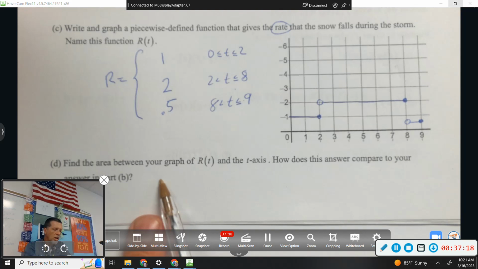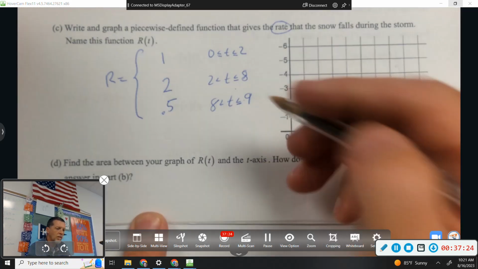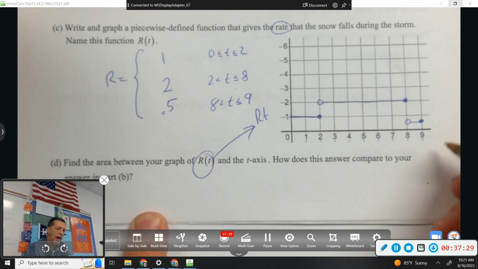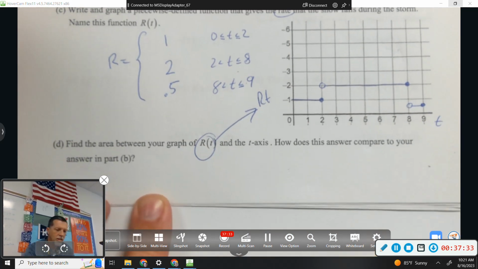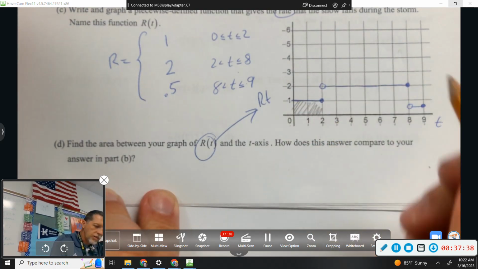Find the area between the graph of R of t. Okay, that's what we just did. This is R of t. And the t axis. Okay, so like the area under the curve. This doesn't look too bad. It looks like 3 rectangles to add up.